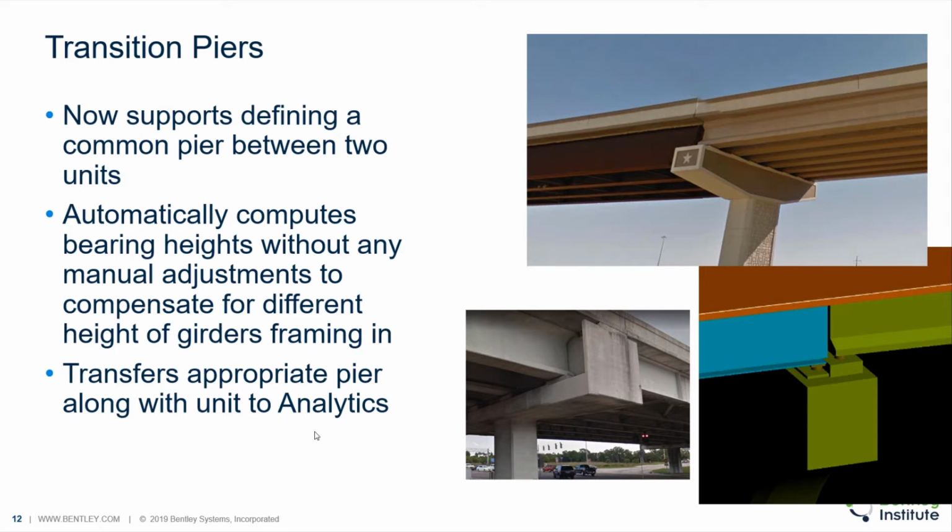So you have the same bridge, but with two different elements, concrete and steel. Before, we were not able to do that because, when you enter OpenBridge Modeler, you say, I need to do a concrete bridge or I need to do a steel bridge, not a mixed bridge. But that's when the concept of units comes into play. We're going to see that.